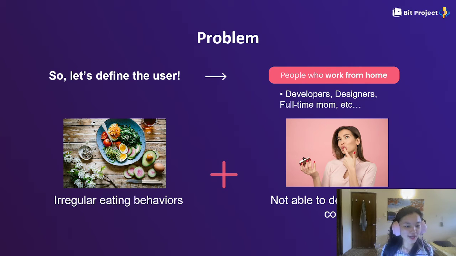Also, I need a reminder when it's time for me to have lunch or breakfast. I always focus on working without thinking about having a meal on a proper schedule. This can lead to the risk of weight gain and lower energy levels, which impact our productivity at work.